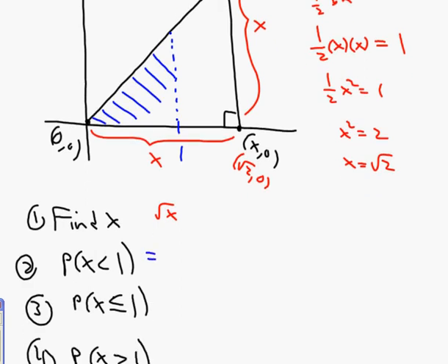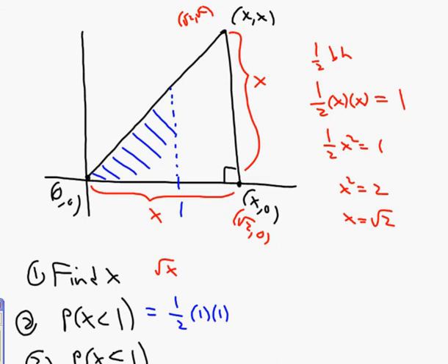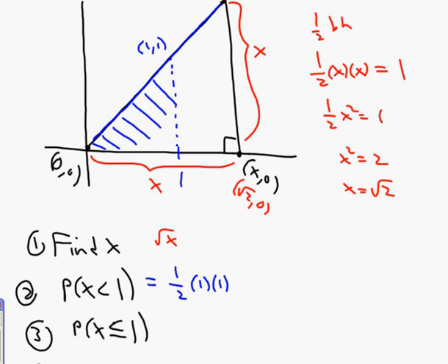Well, that area is just 1/2 of 1 times 1. You might ask how do I know it's 1 times 1? Well, the base is definitely 1. And we know that this side of the triangle, this hypotenuse, goes from 0, 0 to rad 2, comma, rad 2. Well, that means when it goes through x equals 1, y has to be 1. The x and y coordinates are the same here. So the answer to that probability is just 1/2.